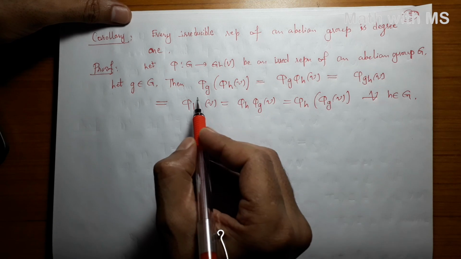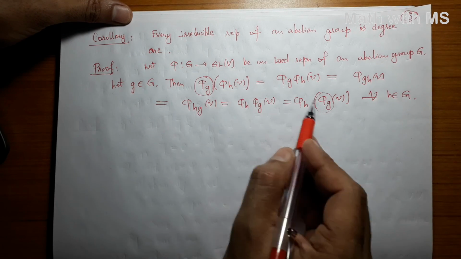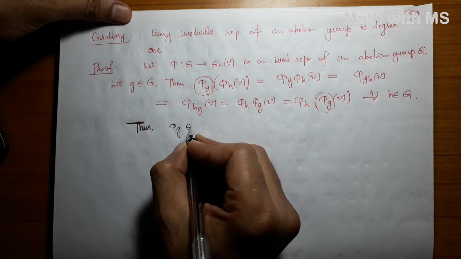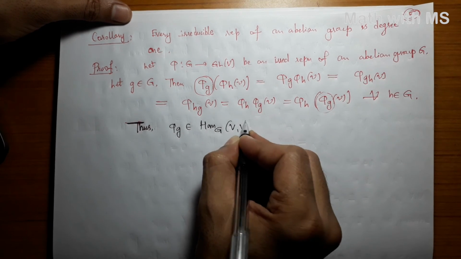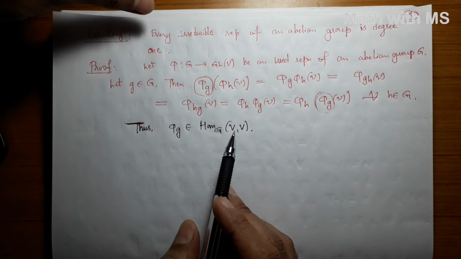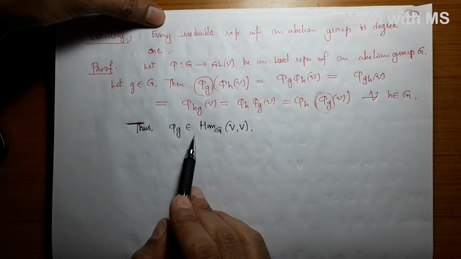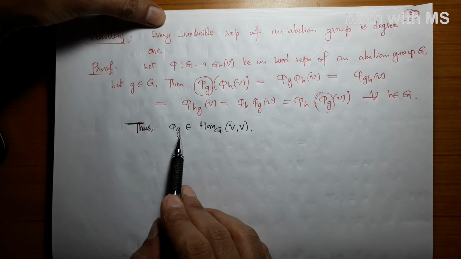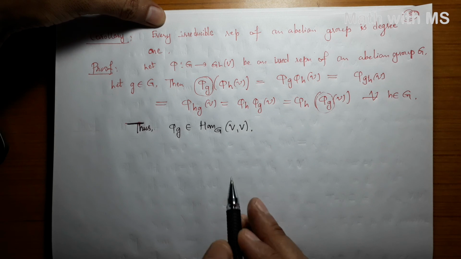So this tells you that this phi g is a morphism of V to itself. Thus, phi g belongs to Hom_G(V, V). And V is given to be an irreducible representation, and in the previous corollary we showed that if you are given a morphism of an irreducible representation to itself, then it is a scalar multiple of the identity.